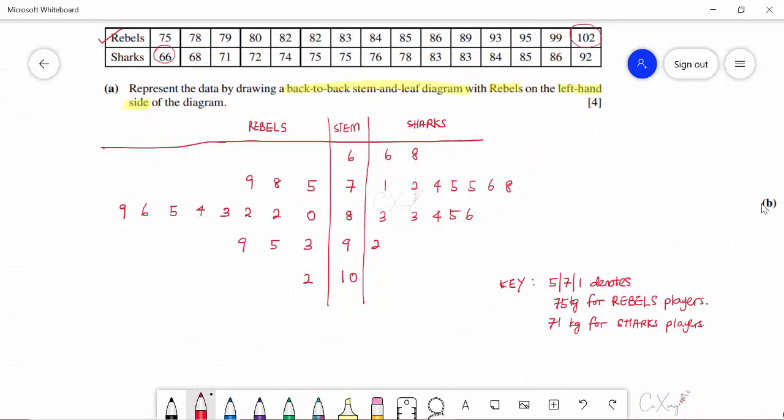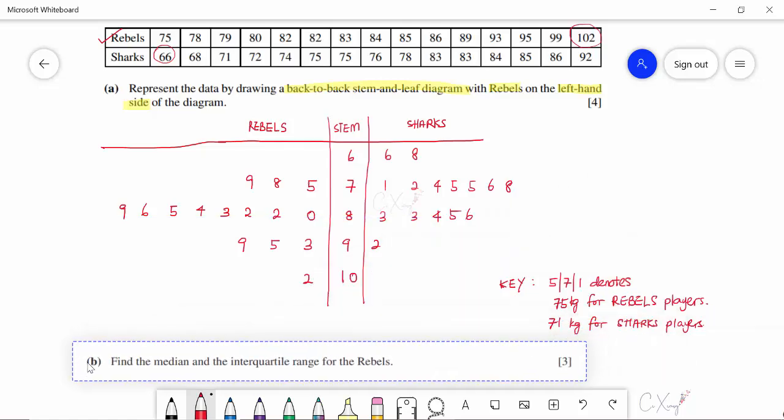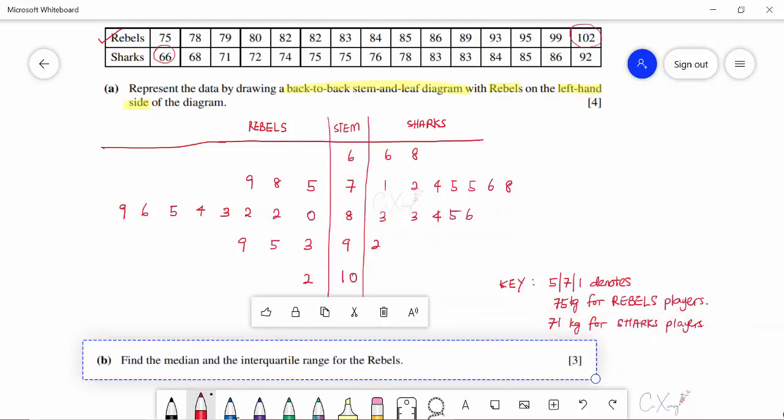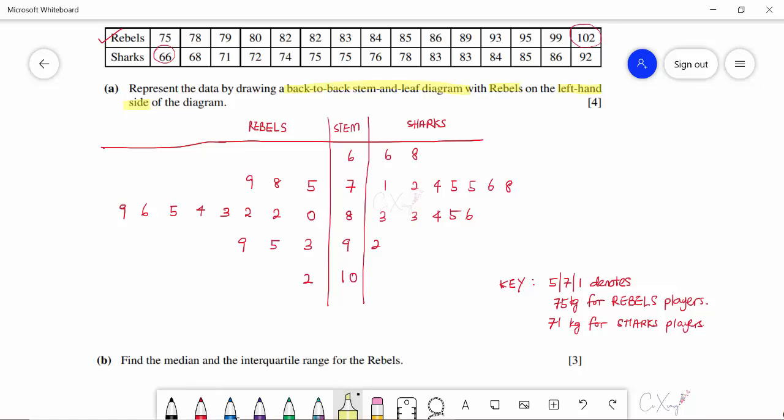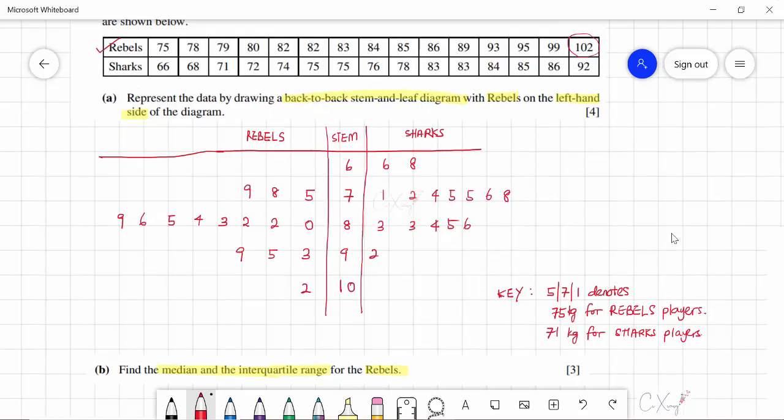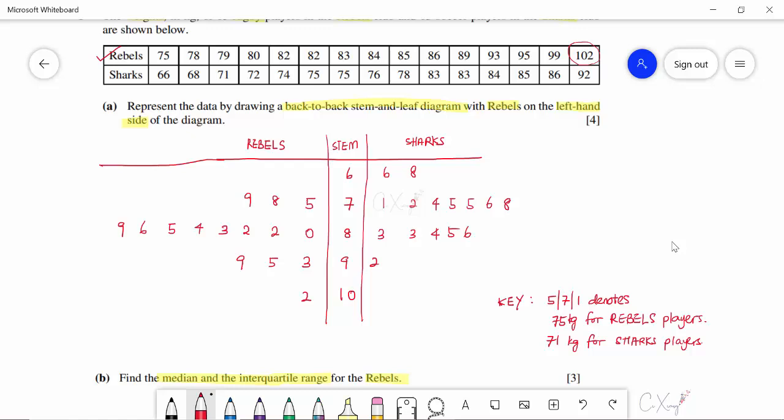Then now let's continue to part B. For part B, they actually want you to calculate the median and interquartile range for the Rebels group. Let's have a look at the data again. They have 15 data in general, right? So where's the center?